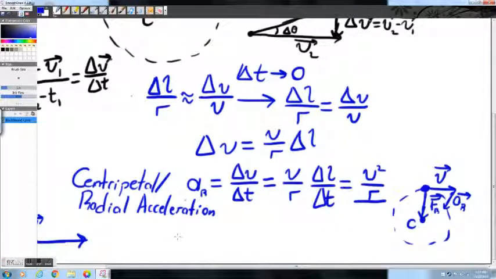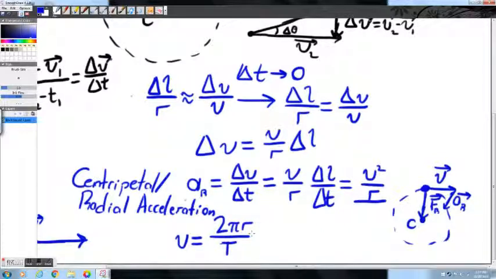Based upon that, we can give another definition for velocity that will be very useful for our efforts. That is 2 pi r over T. 2 pi r, as you should recall from geometry, is the circumference of a circle. T is going to be the period, or the time it takes for one complete revolution around the circle.